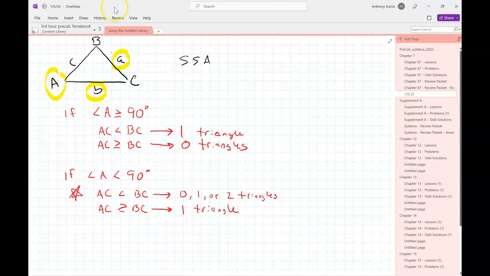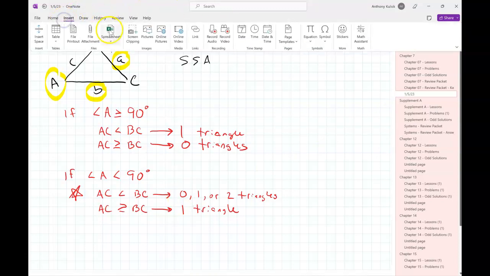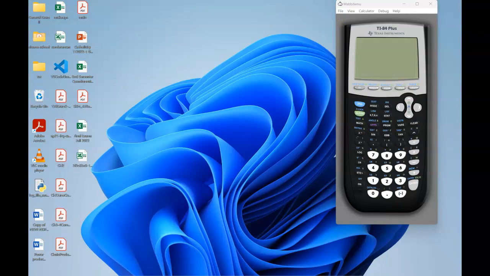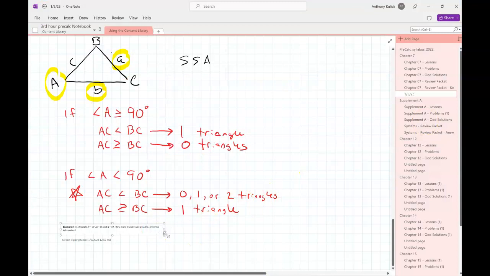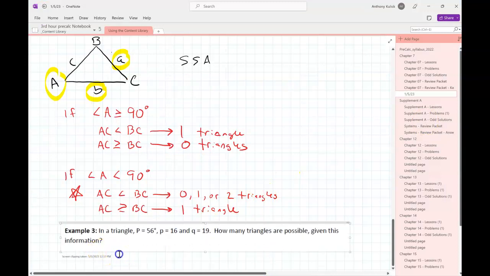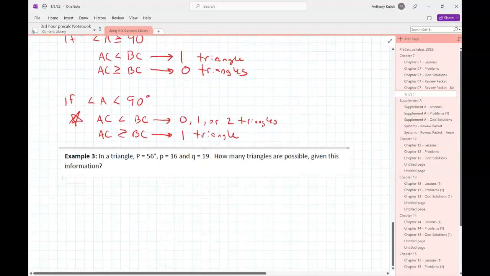So here's how we're going to check. Let's look at a specific example and we'll show you how to check.